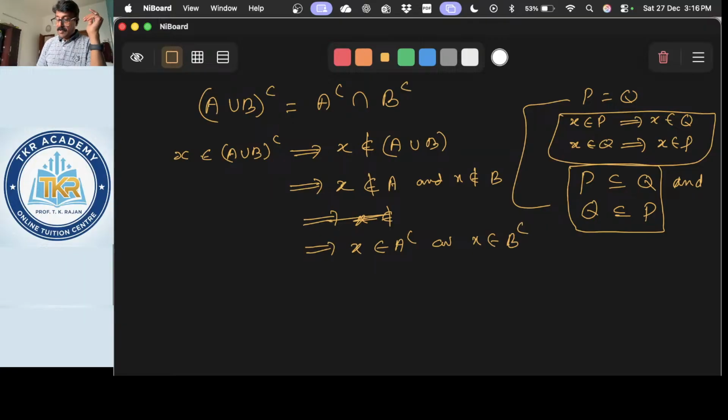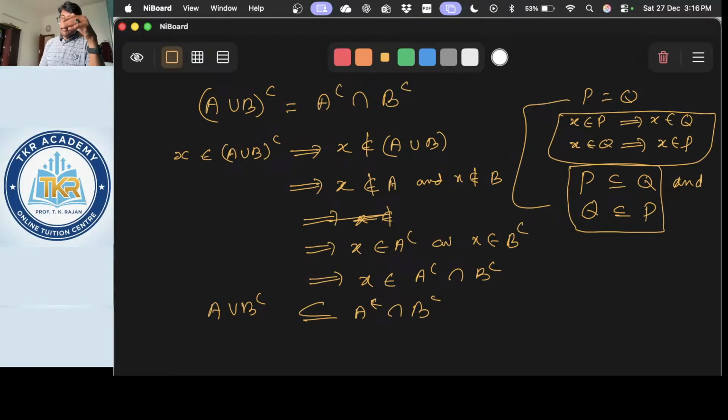Not in A means A complement. It implies X is in A complement intersection B complement. Therefore, this shows that (A union B) complement is a subset of A complement intersection B complement. Clear? Now we have to prove the other side.